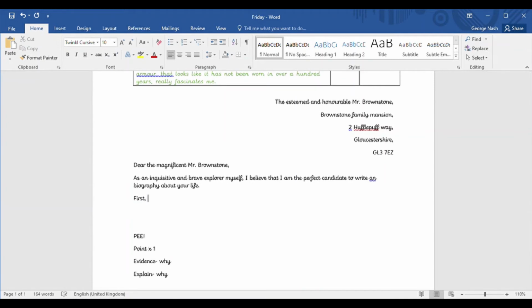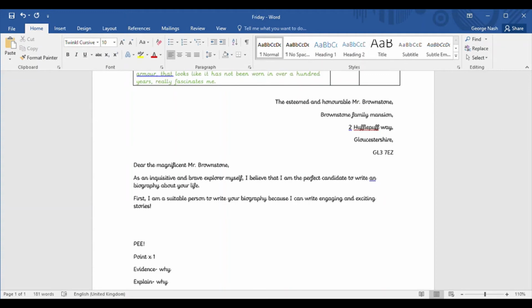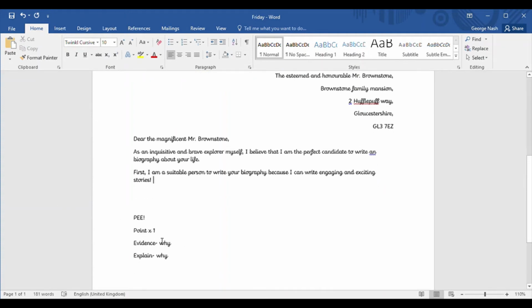First, comma, so there's a time adverbial here. First, I am a suitable person to write your biography. I'm a suitable person to write your biography because I can write engaging and exciting stories! Exclamation mark. There's my point. Oh, where is my evidence?